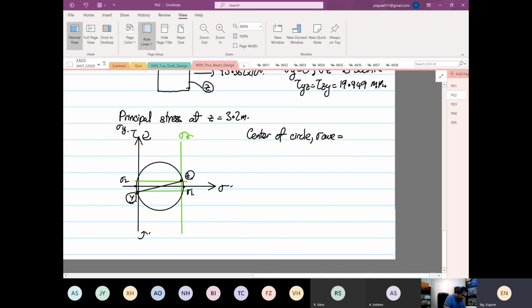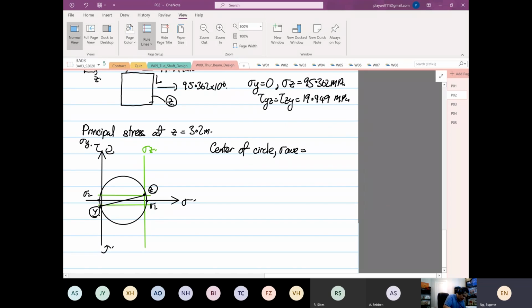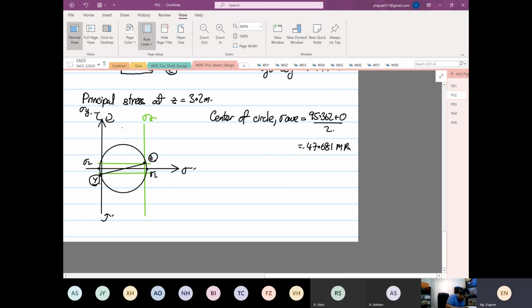So this will be equal to 95.362 plus 0 divided by 2. 95.362 divided by 2 is equal to 47.681 megapascal. So this is your stress average.